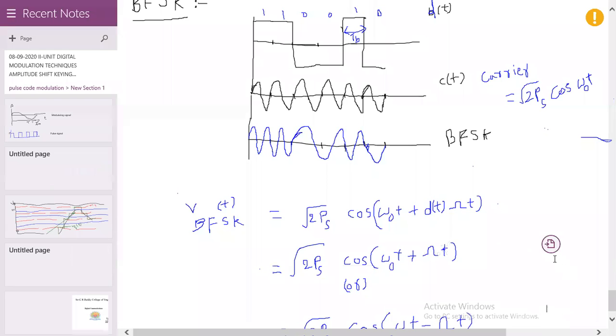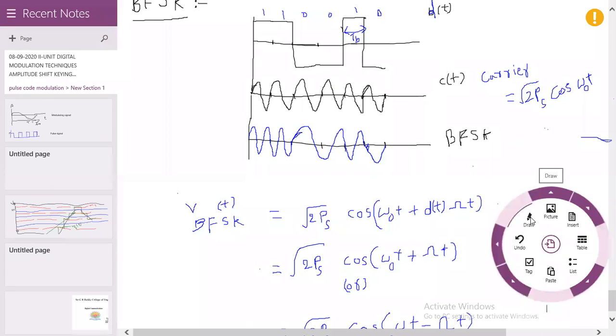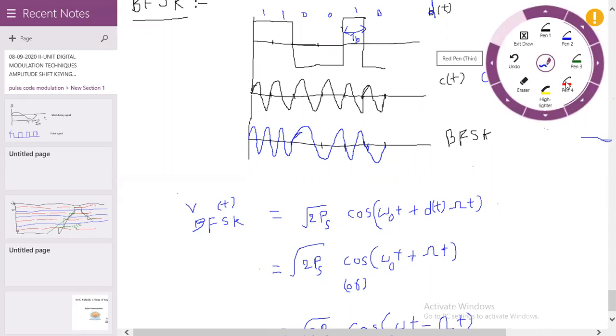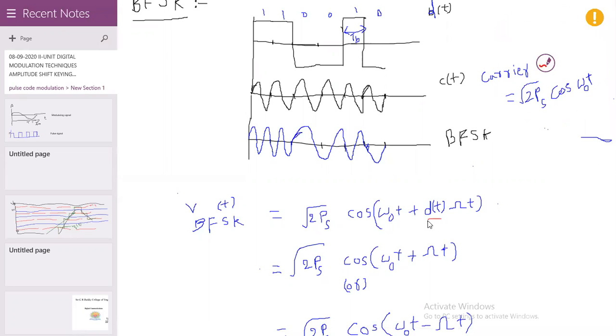And here you can write, according to the data signal, how the carrier signal is present. The equation for BFSK, binary frequency shift keying, is root of PS cos of omega naught t plus d of t into small omega t. Here d of t is a data signal, a bipolar signal.